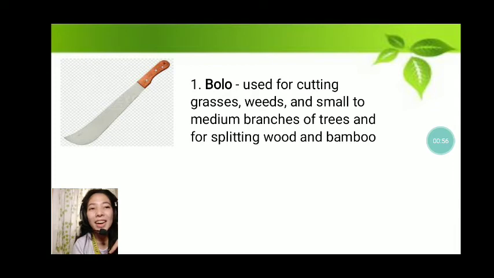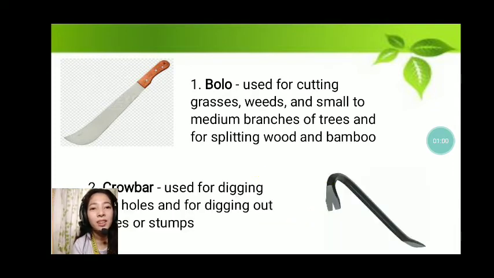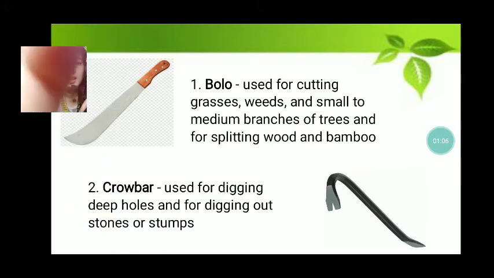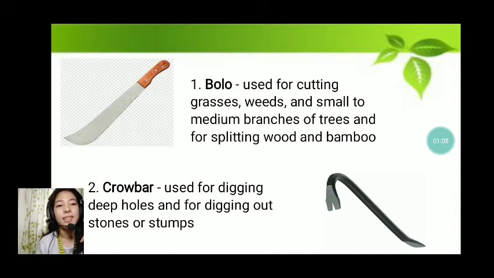And next, we have the crowbar. So, what is a crowbar? A crowbar is used for digging deep holes and for digging out stones or stumps. So we use the crowbar to dig deep holes.